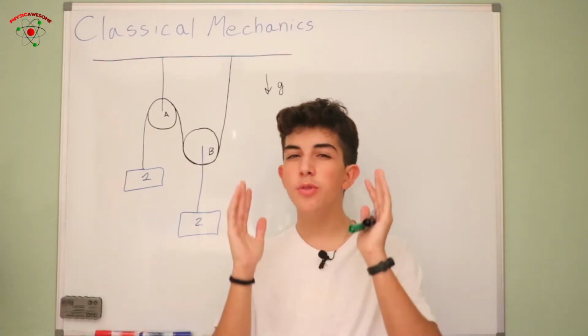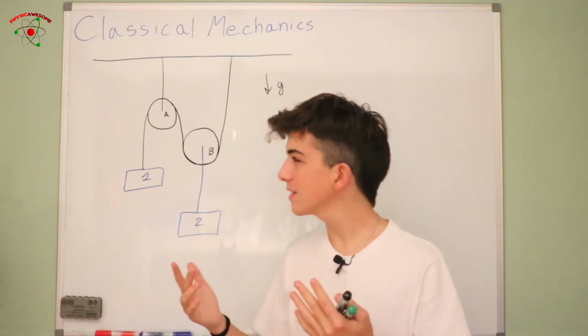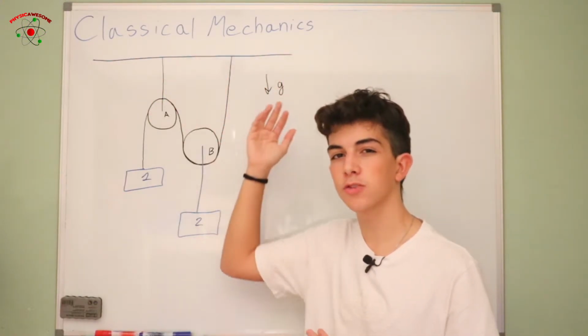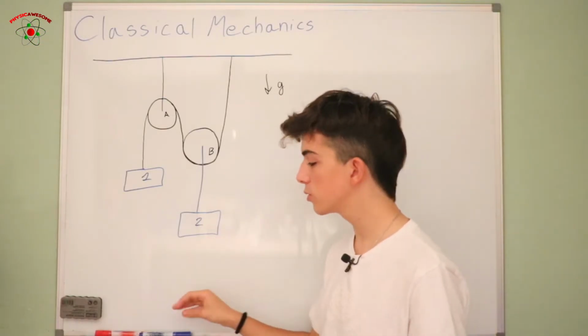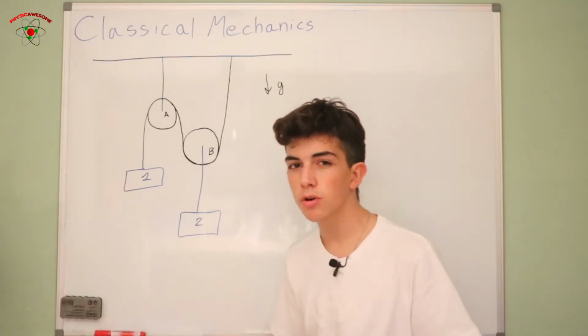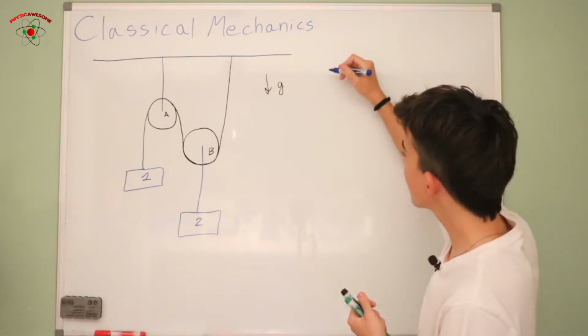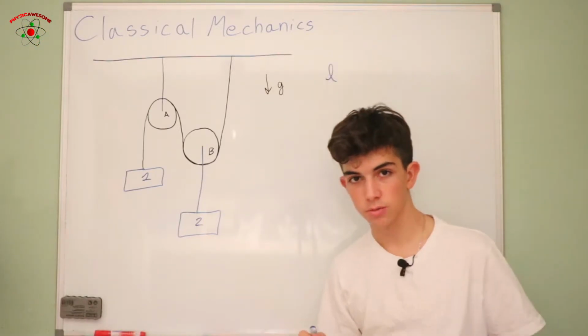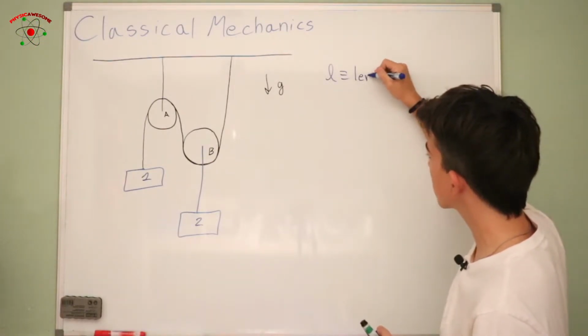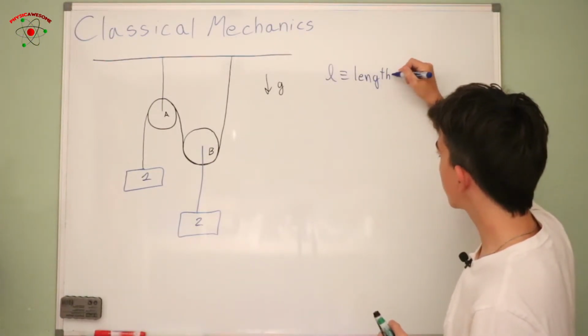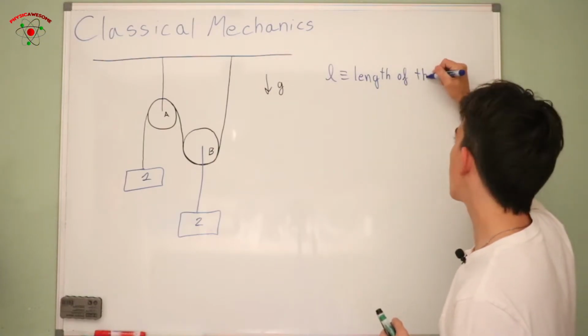Now we need to think about things that are constant in this problem. One of the things that will be most useful in these pulley problems is to think of the length of the string. This is going to be defined as L, the length of the rope.